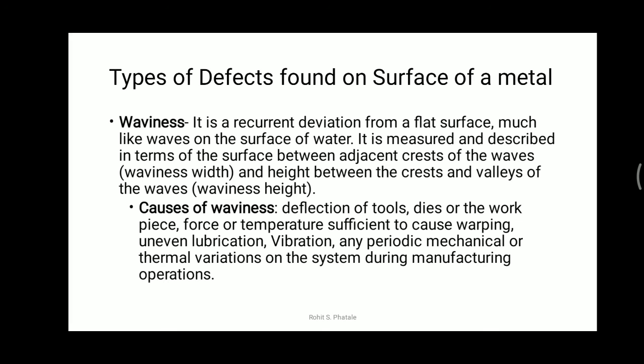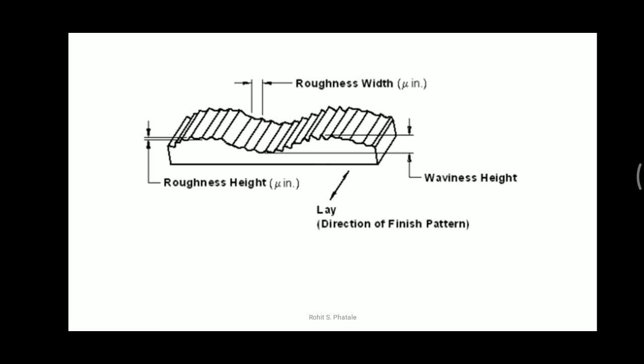Because of that, we can see waviness on the workpiece. Over here you can see this is the waviness. The roughness here is different. The wave goes a little downward in this portion, and again the wave is raised. So this is the waviness pattern.